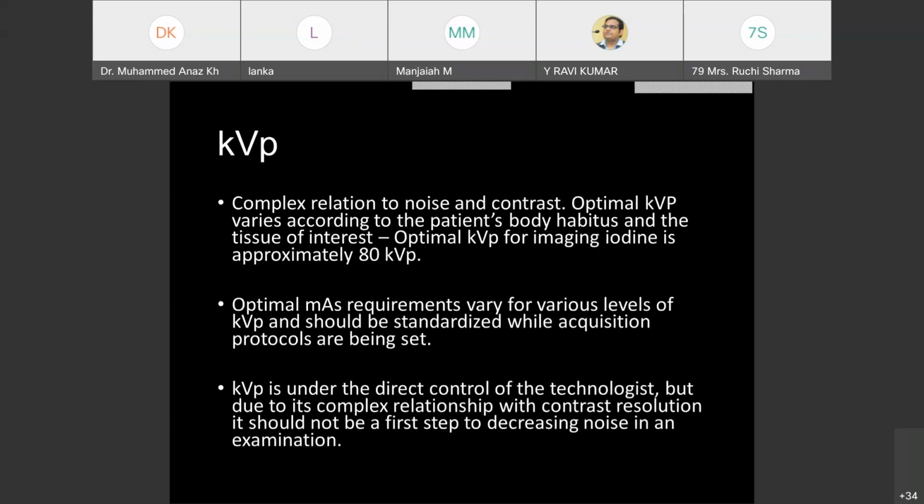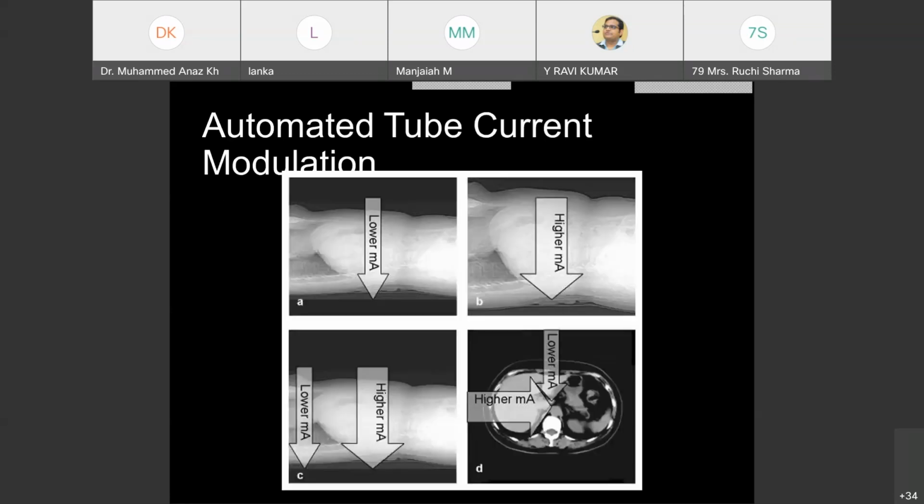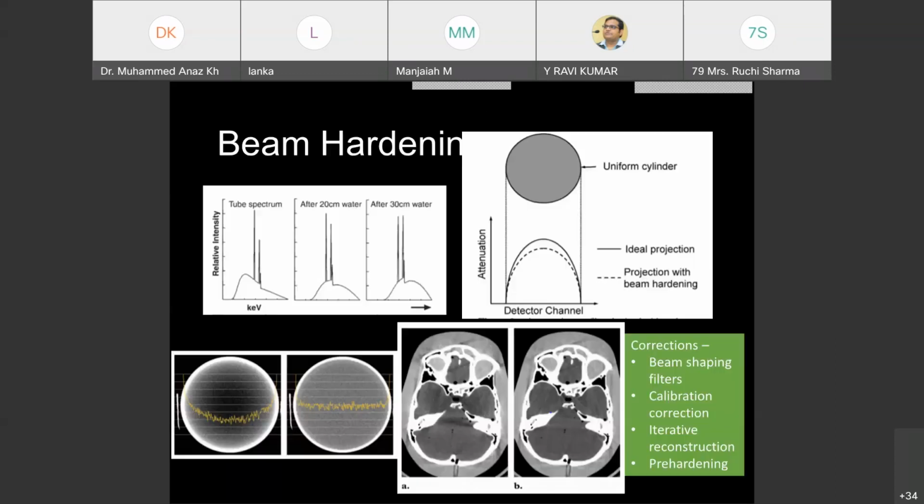Now it is taken out of the user's hands. The machine itself will decide how much kilovolt peak, how much voltage you should apply for increasing the signal strength. So this is automatic tube current modulation, and then we have artifacts correction.